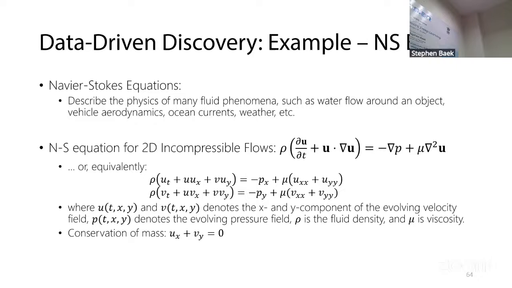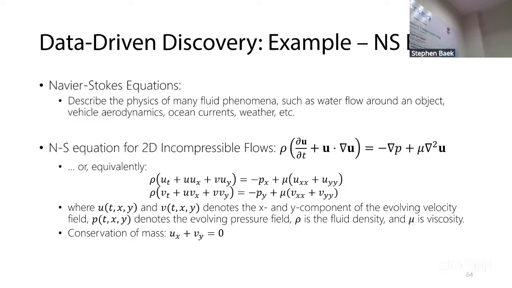So u and v here are the velocity of the fluid in the x component and the y component. And then the x velocity and y velocity follow this relationship, where the rate of change in the x velocity, that's the u sub t, right?